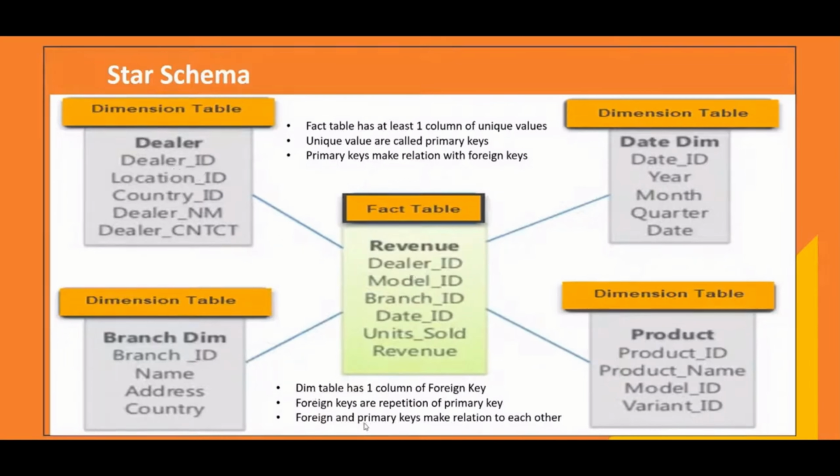This is very important to understand: foreign keys are the repetition of the primary key. If it was here in a fact table, it is a primary key. If the same items go into another table and start repeating, that becomes the dimension table with foreign keys. So dimension tables and fact tables are connected through primary and foreign keys. This is the concept here.